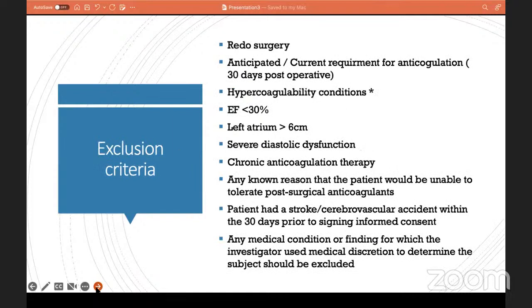For their exclusion criteria, they have really comprehensive exclusion criteria involving preoperative and intraoperative factors.